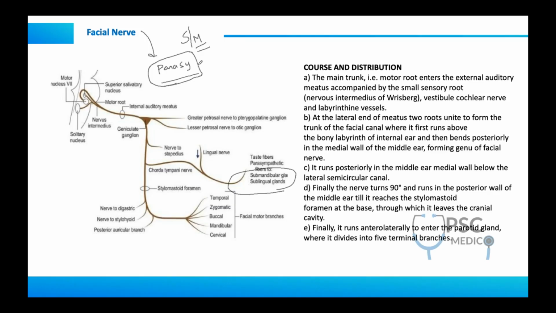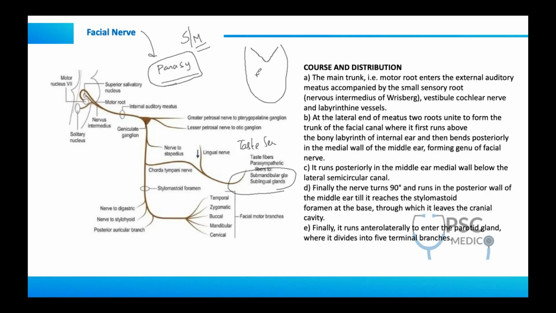What is sensory? Sensory is not sensations of the face, because the sensations of the face are actually carried by the trigeminal nerve. It is taste sensations from in front of the sulcus limitans.